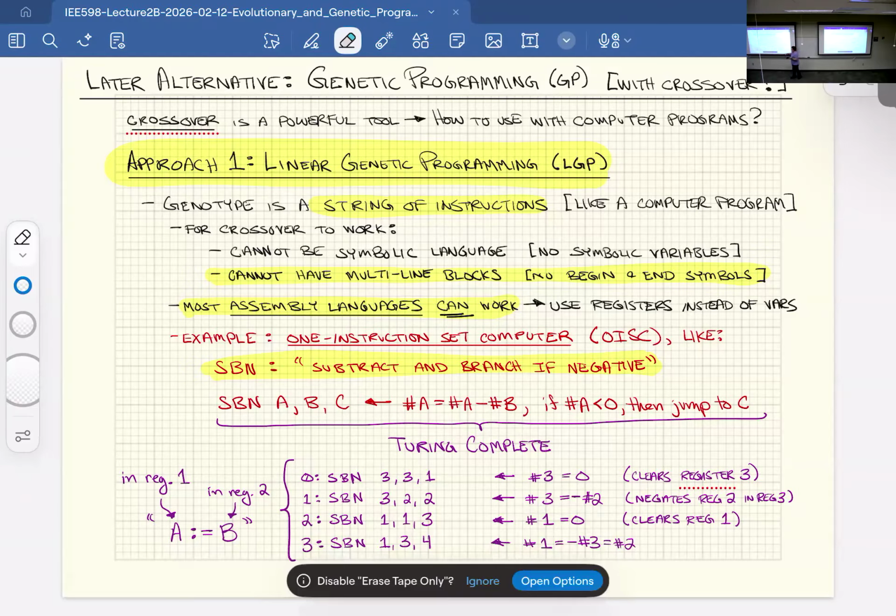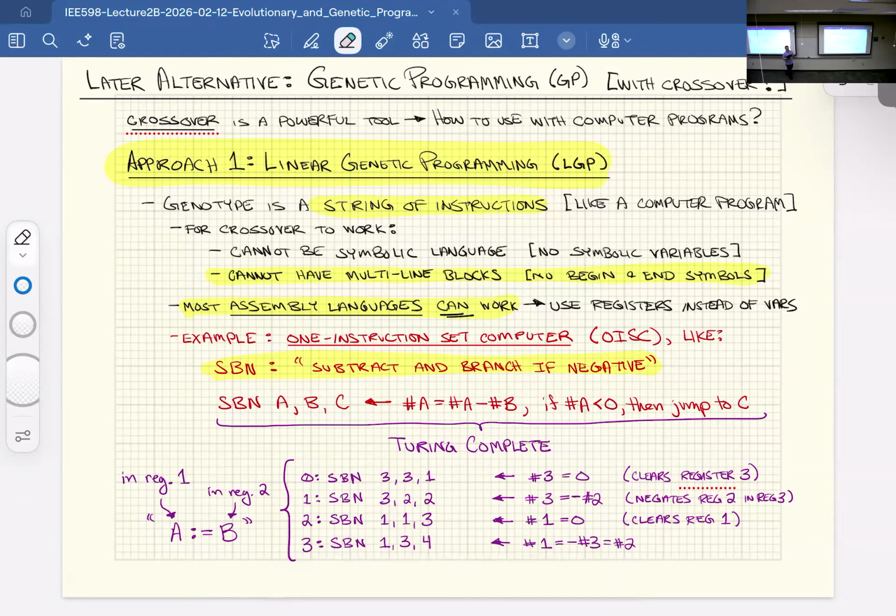And then finally, I take that zeroed register 1 and subtract the contents of register 3, which was the negation of register 2, which effectively copies the contents of register 2 into register 1. So now, whatever was in 2 is now also in 1. That is SBN for setting A equal to B.